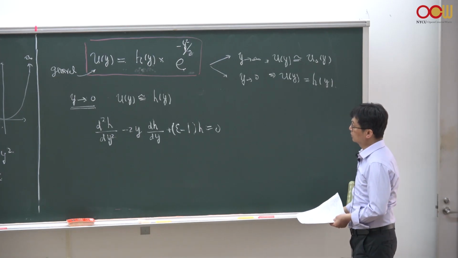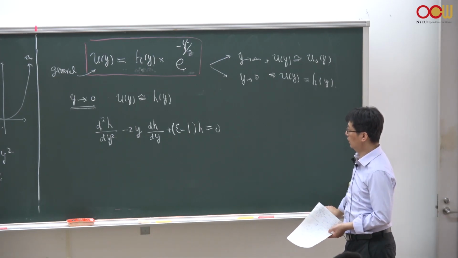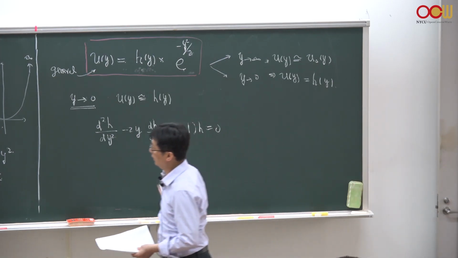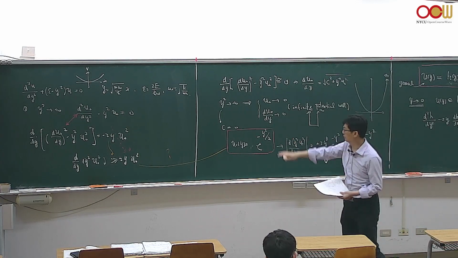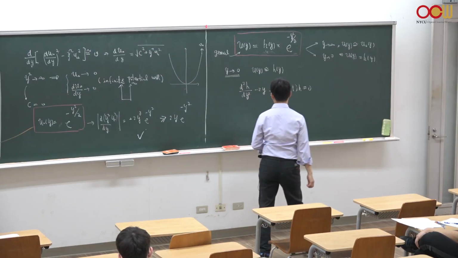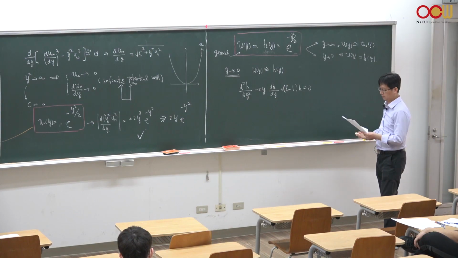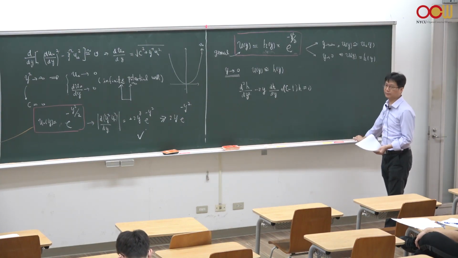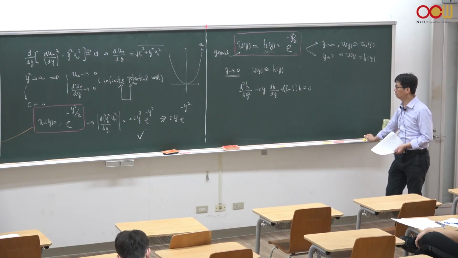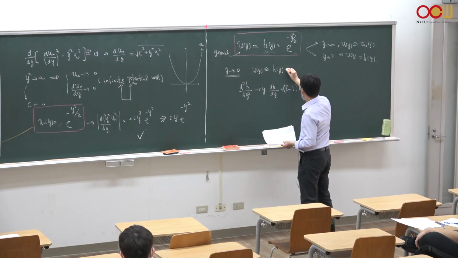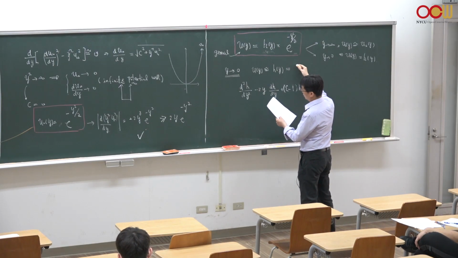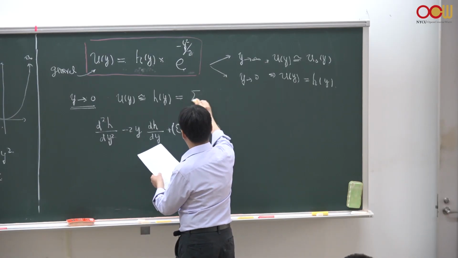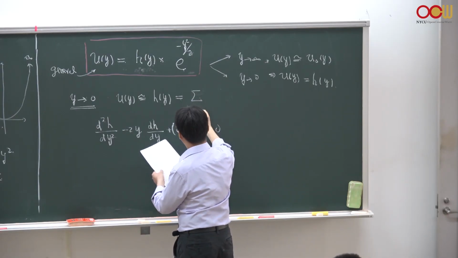So suppose I plug in this h of y back into the Schrödinger equation over there, and this is what I will get. Of course h of y could be any arbitrary function of y, but without loss of generality, this could be a polynomial of y.